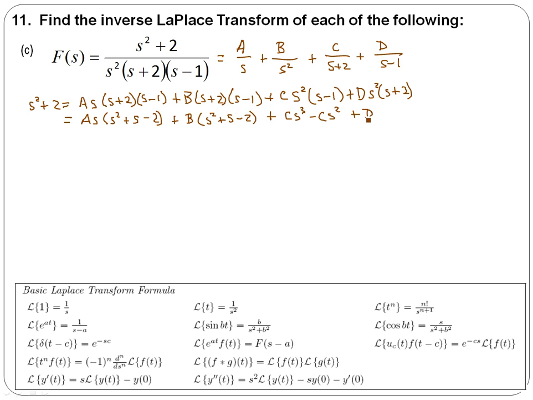And here distribute to get ds to the third plus 2ds squared. And now I'm just distributing a: as to the third plus as squared minus 2as plus bs squared plus bs minus 2b, and then just copy down the rest of the terms.